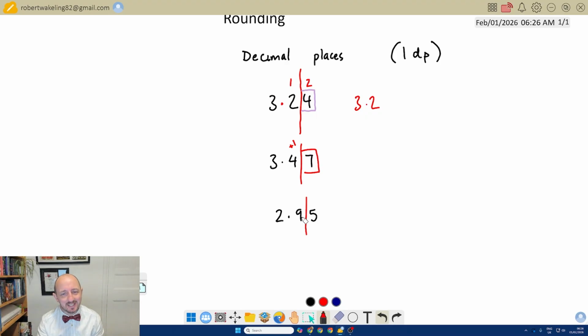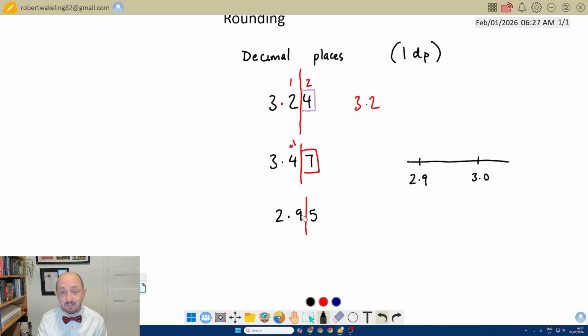So what happens there? Essentially, we've got on our number line 2.9, and we're going up from the 1 decimal place, we're going up in tenths. So 2.9, the next tenth would be 3.0. The next tenth would be 3.1.